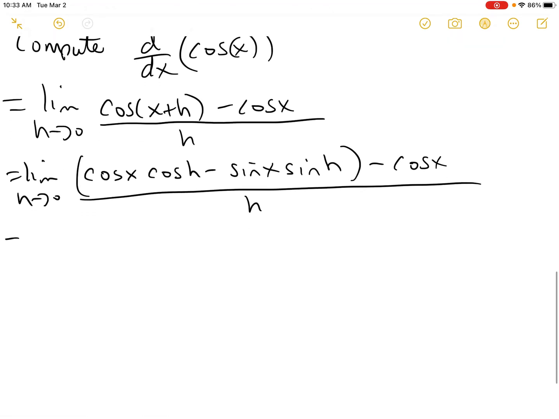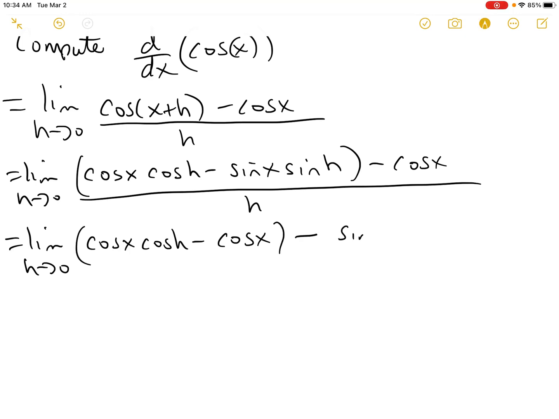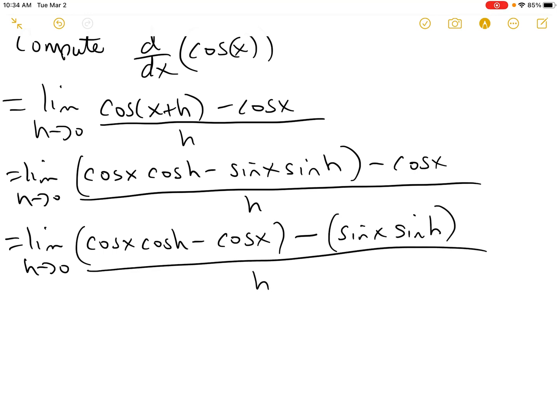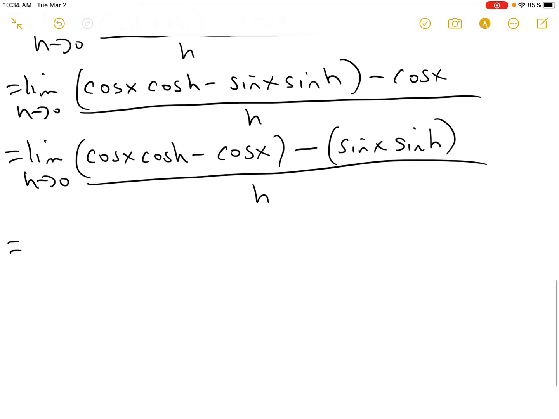And just like before, we're going to collect the cosine terms. So I have cosine x cosine h minus cosine x minus sine x sine h all over h. Okay. Separate and divide up the limits.